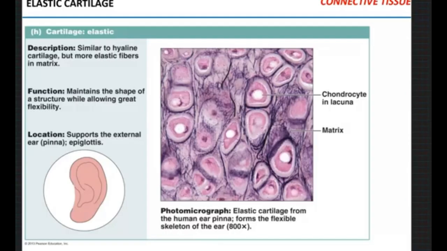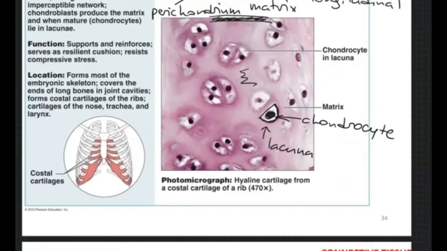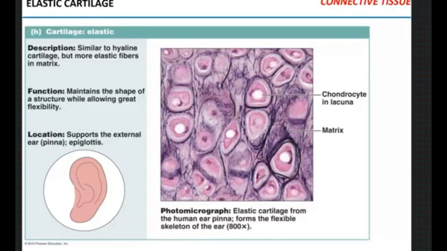Now, if you compare the size of lacunae, which has bigger lacunae? Elastic. So elastic cartilage is not as mechanically resilient. Does that make sense? Compared to hyaline cartilage. But it's elastic because there are a lot of empty spots and there are a lot of elastic fibers.